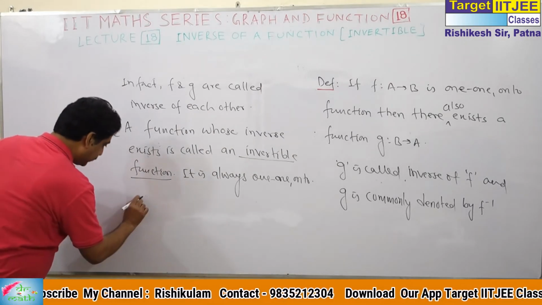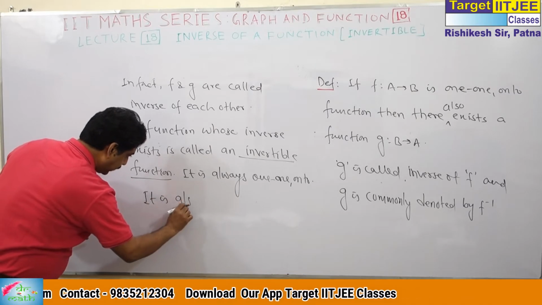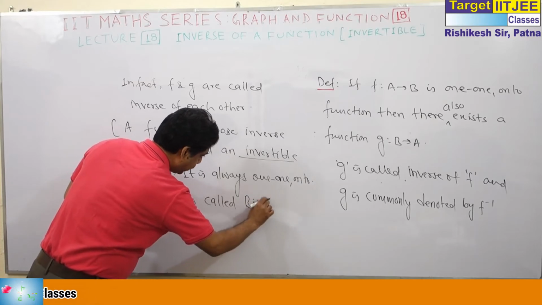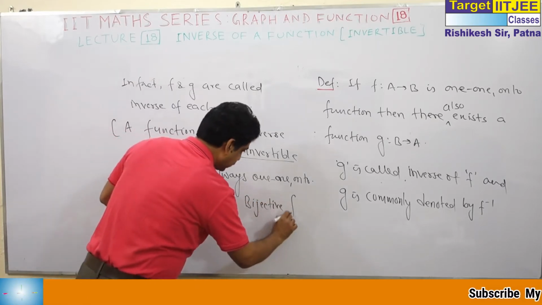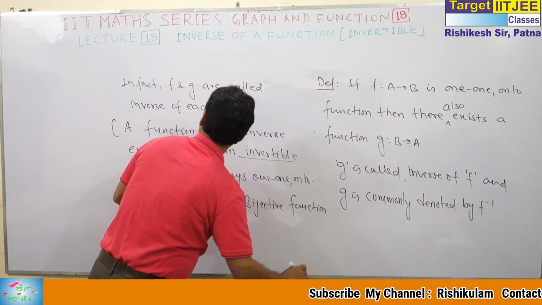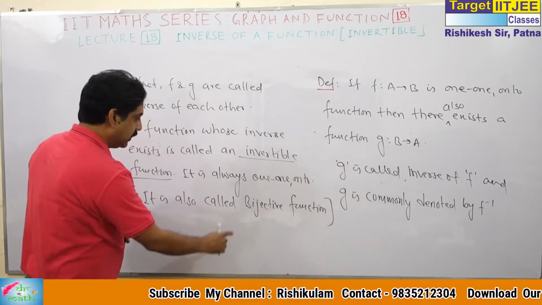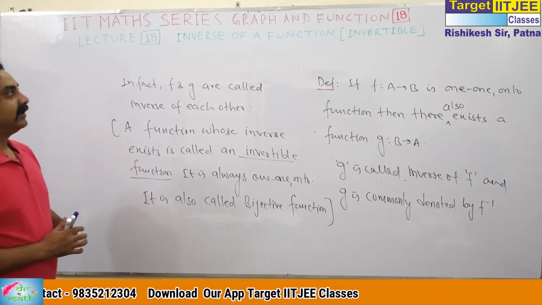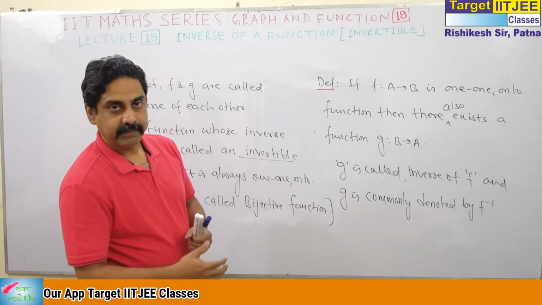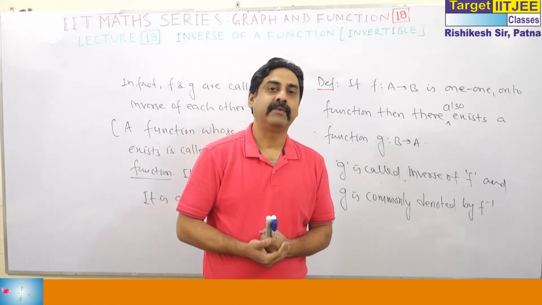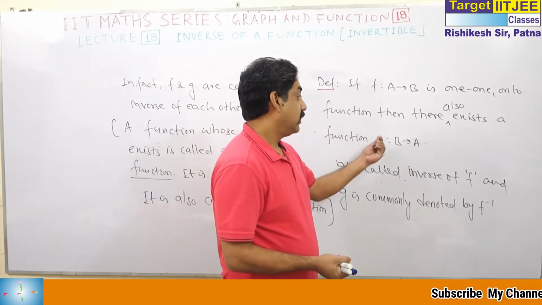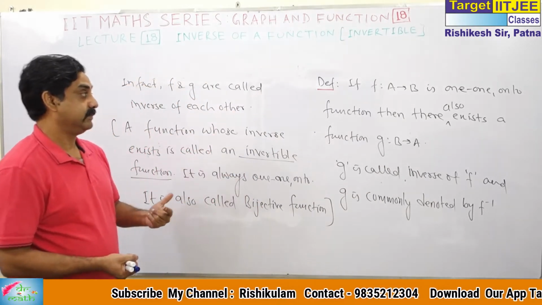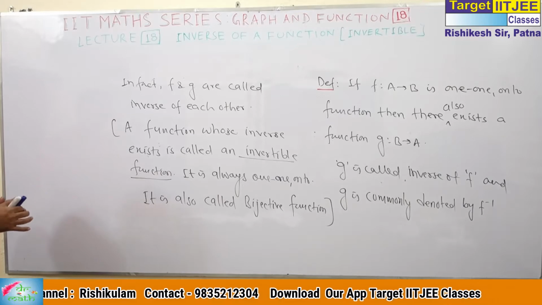It is also called bijective. Bi means two, meaning both injective, which means one-one, and surjective, which means onto. A function whose inverse exists is called an invertible function, and we will now learn how to find the inverse of an invertible function. So you have to note this.